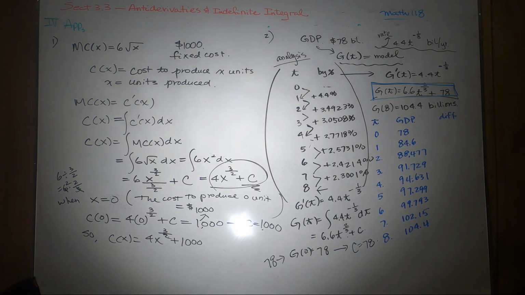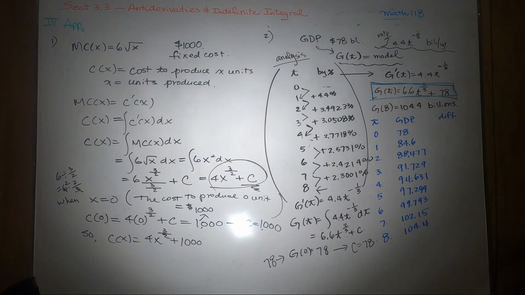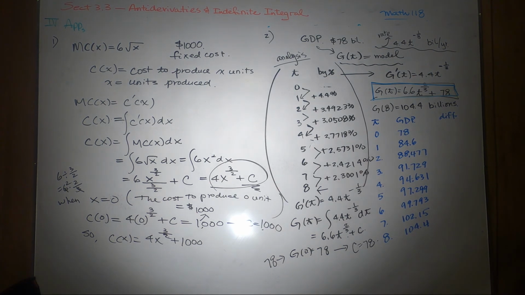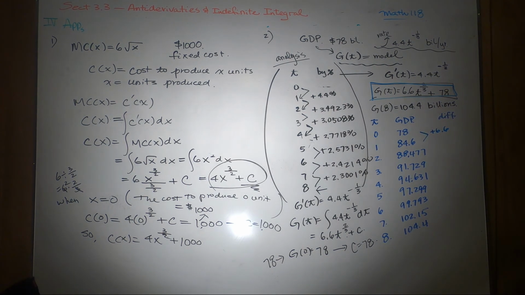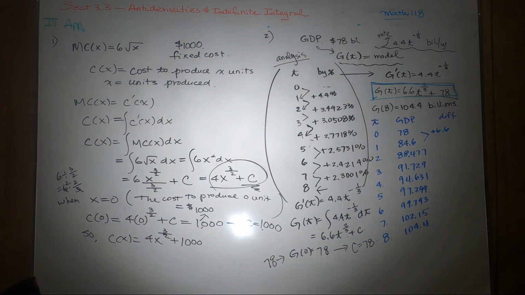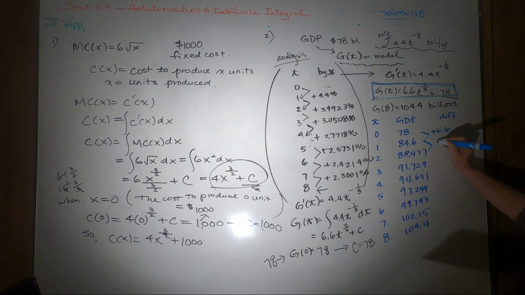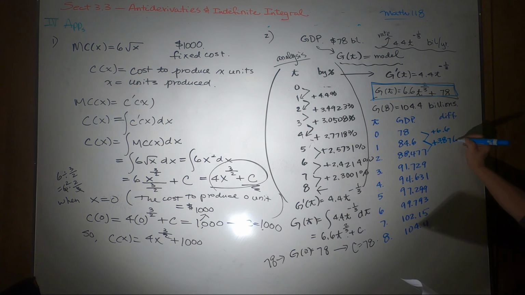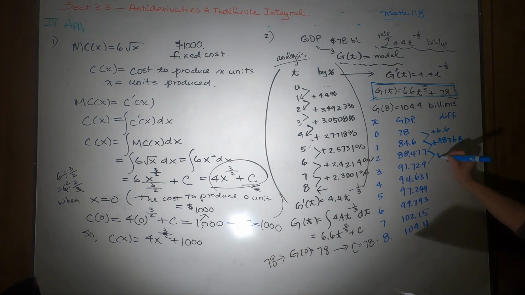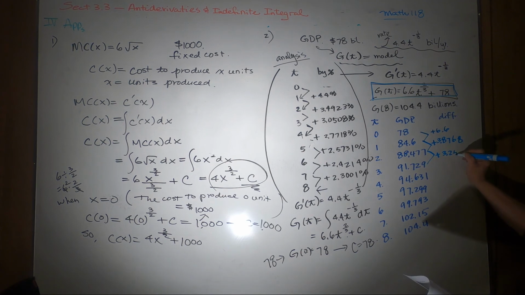Okay, so I'm going to take a look at what happened to their rate of change. At the beginning, the difference here is 0.66. All right, then from the first year to the second year, the change is 0.8768. From this year to here will be 3.2517.